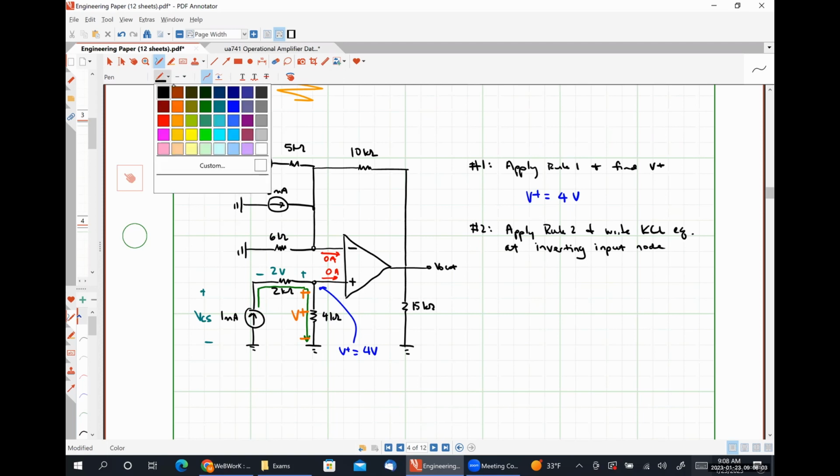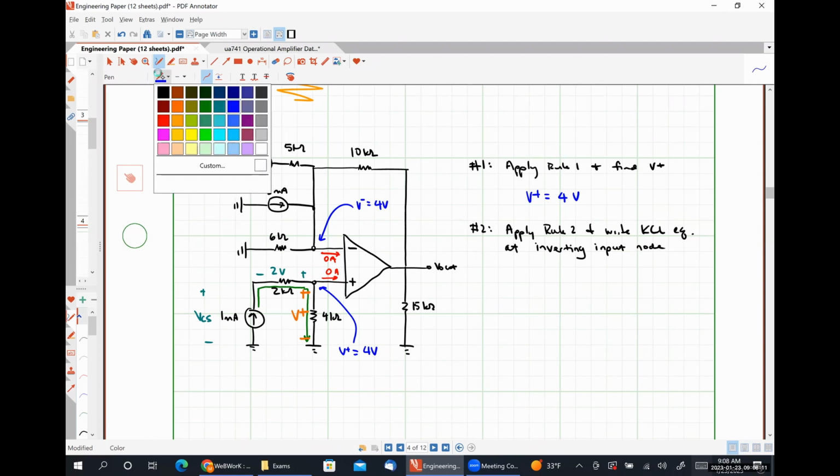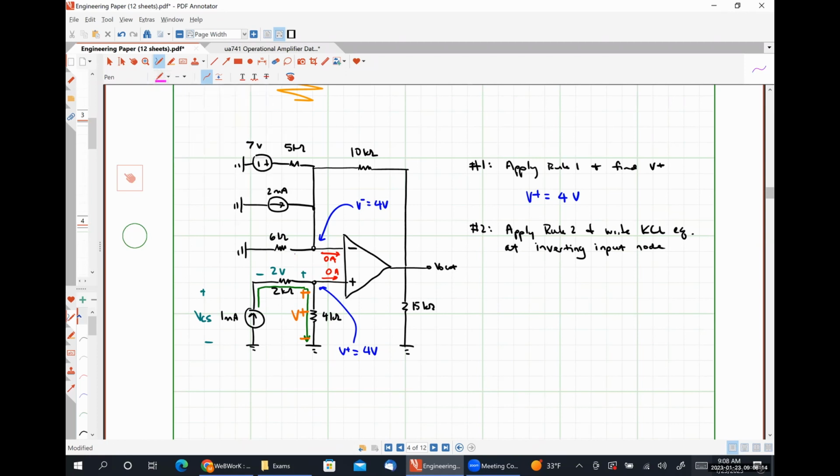So applying rule number 2, we know that this voltage V minus must also be 4 volts. And so now we're simply going to add this current plus this current plus this current plus this current together, right?